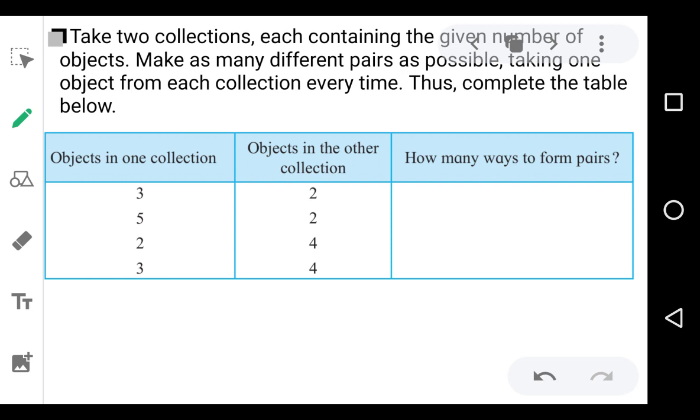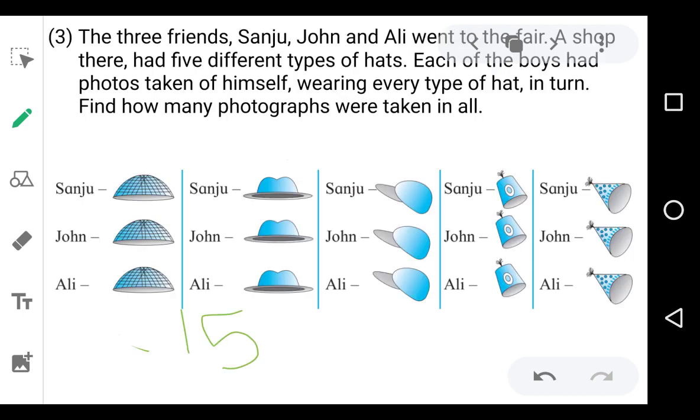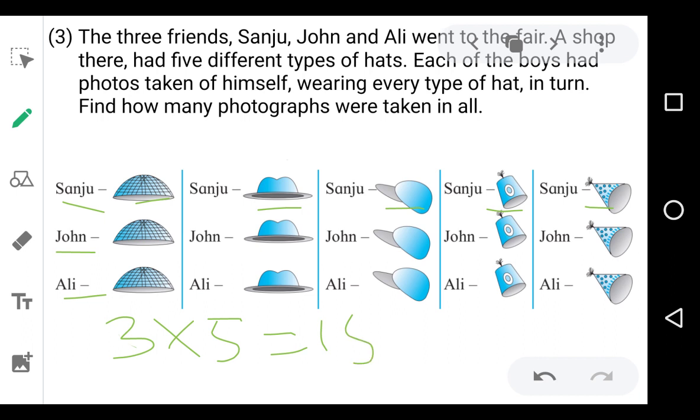So see, in the first collection there are 3 objects, and in the second collection there are 2 objects. So here we have to multiply: 3 2s are 6. See, in the previous example, if you multiply 3 by 5, there are how many caps? 5 caps. So if you multiply 3 by 5, we get 15. 3 5s are 15.